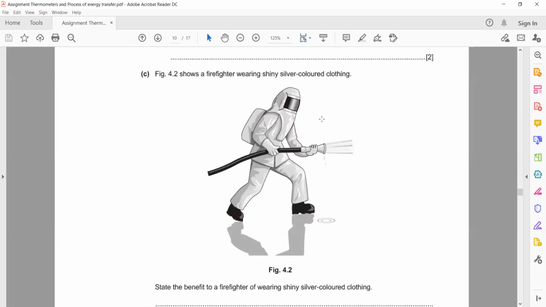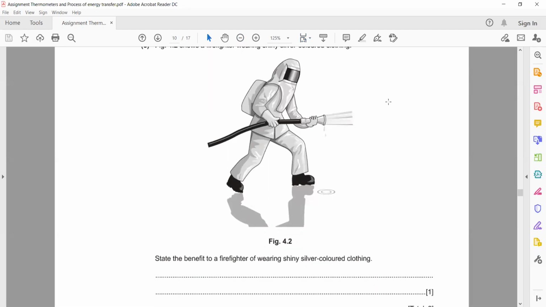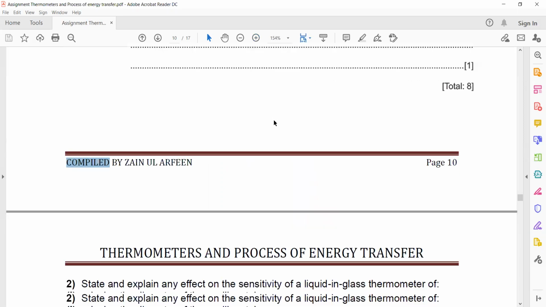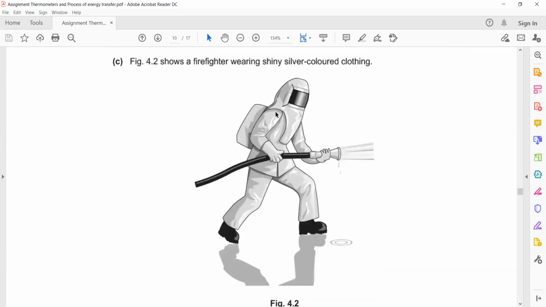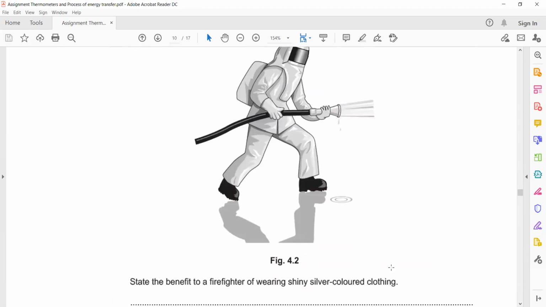Figure 4.2 shows a firefighter wearing shiny silver colored clothing. State a benefit to the firefighter of wearing shiny silver colored clothing. What's the benefit here? Yes, reduced heat transfer by radiation, that's correct.